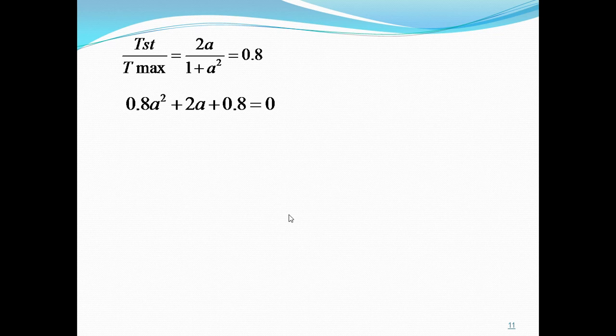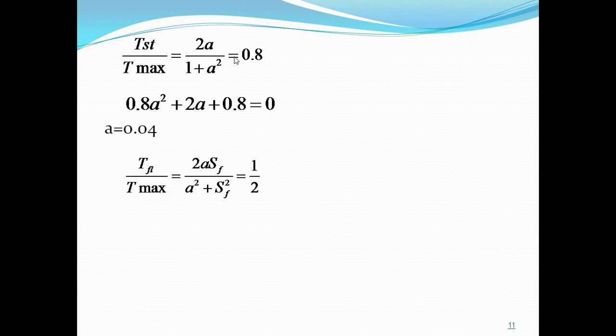If you do the cross multiplication of this, then we can get one quadratic equation in one variable, that is 0.8 a square plus 2a plus 0.8 is equal to 0.